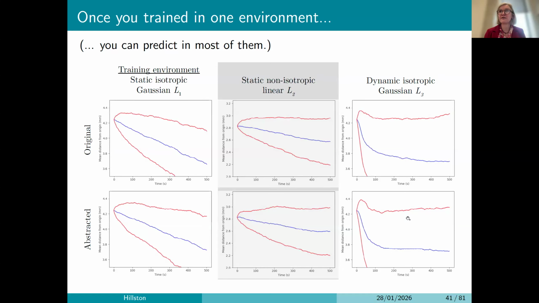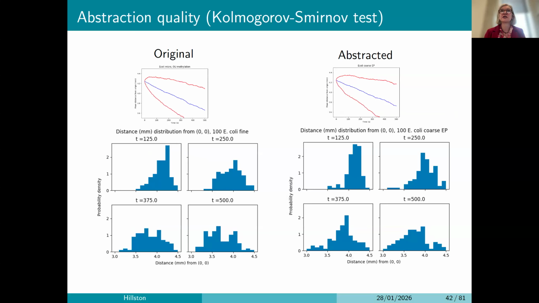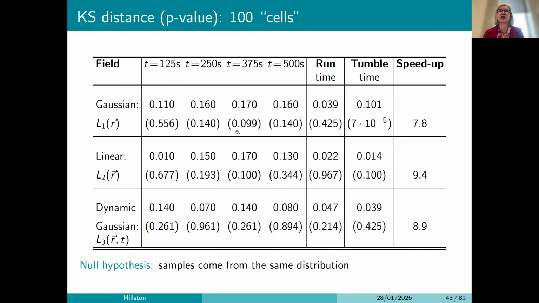That's just examining it visually, but we can also look at a Kolmogorov-Smirnov test, and you can see here that as time progresses, we're getting a good agreement in the patterns between the original and the abstracted version. And we can look at the p-values here. We're seeing that as time goes on, we're getting a good estimate for each of the different cases: the original Gaussian, the linear, and the dynamic field.